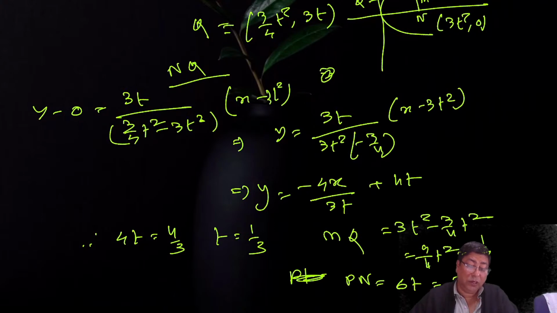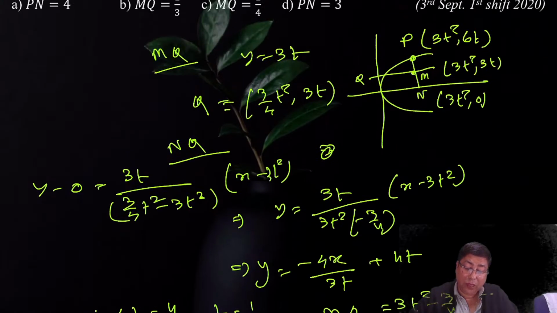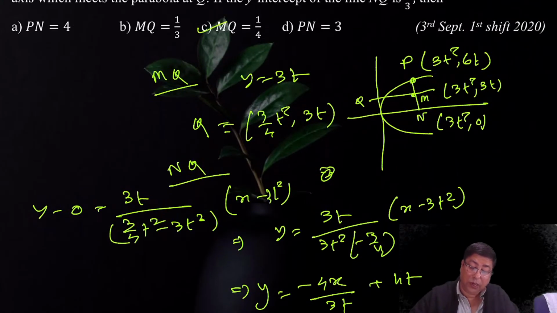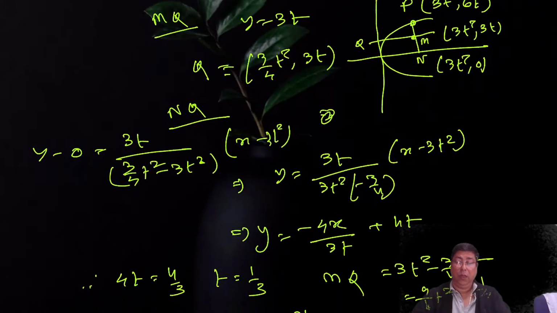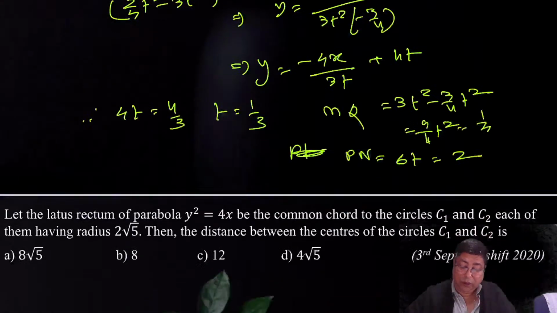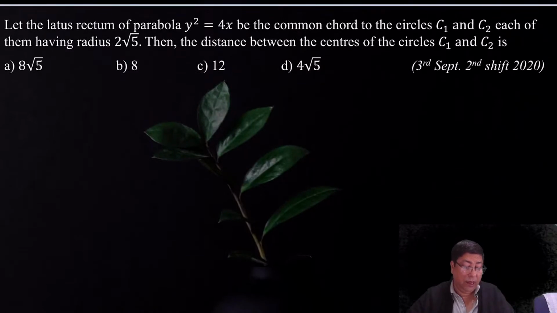So what becomes the option? MQ is 1/4, that is the right option. Option C. So ready, first of all, whenever we see any sum, we'll draw the diagram and then we'll proceed. Next sum.